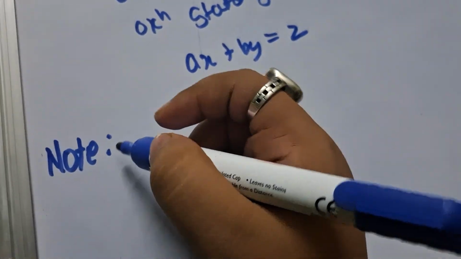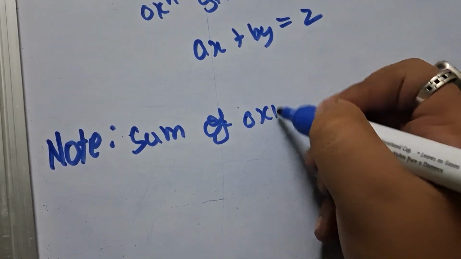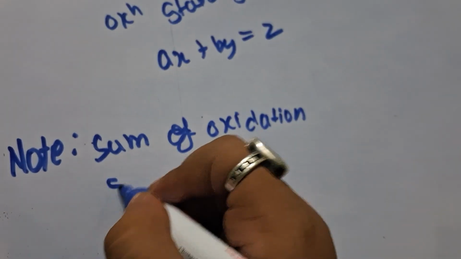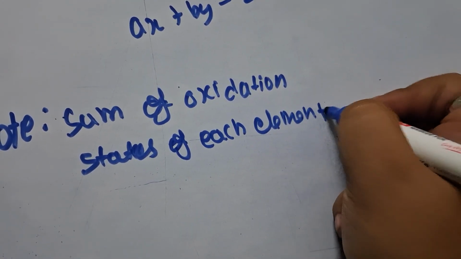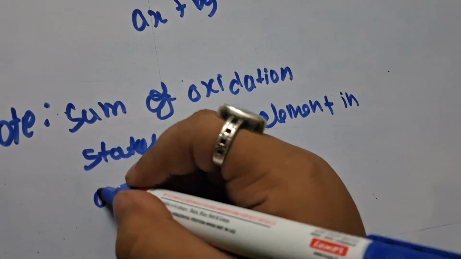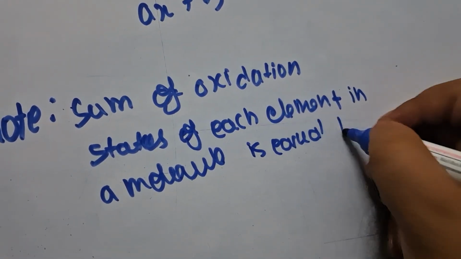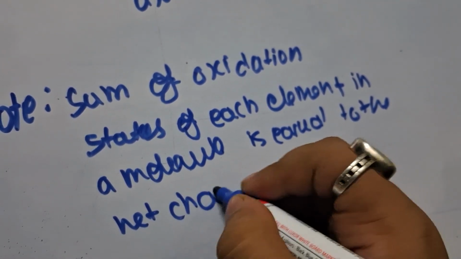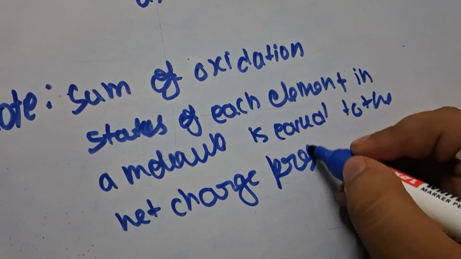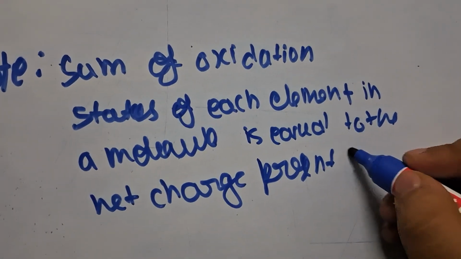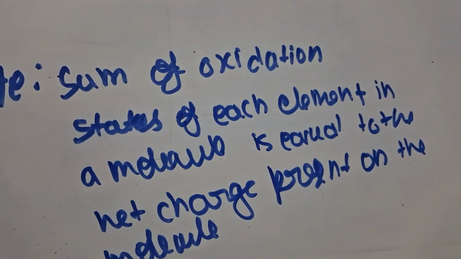In literary ways, the sum of oxidation states of each element in a molecule is equal to the net charge present on the molecule. All right.